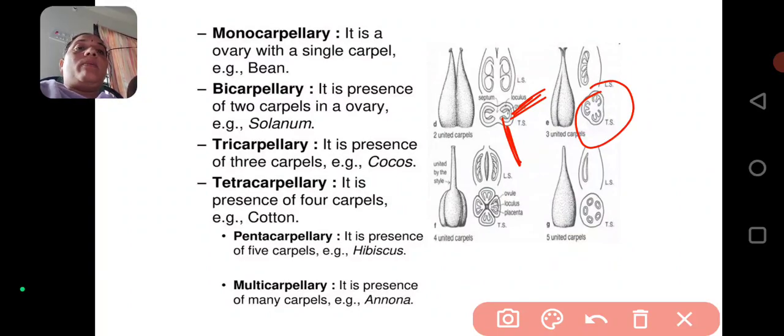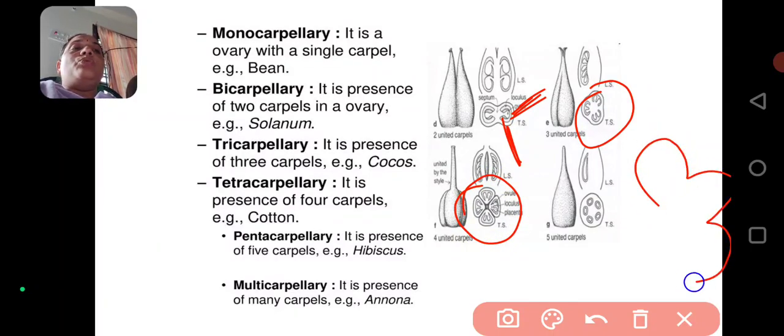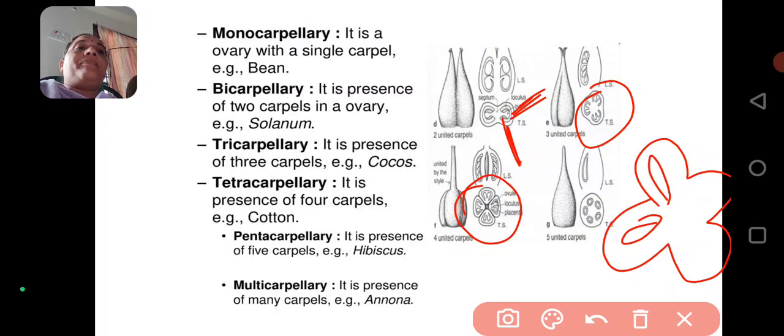Next one is tetracarpellary. It is the presence of 4 carpels, like this, 1, 2, 3 and 4. 4 locules are present, and in the 4 locules, ovules are arranged like this in the ovary.